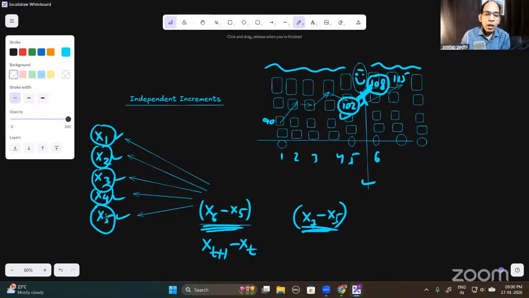Okay. Now, when I talk about independent, there are two things: x1, x2, x3, x4, x5, x6 are independent, meaning x6 is independent to x1, x5 is independent to x4. Remember, I started with tossing a die.